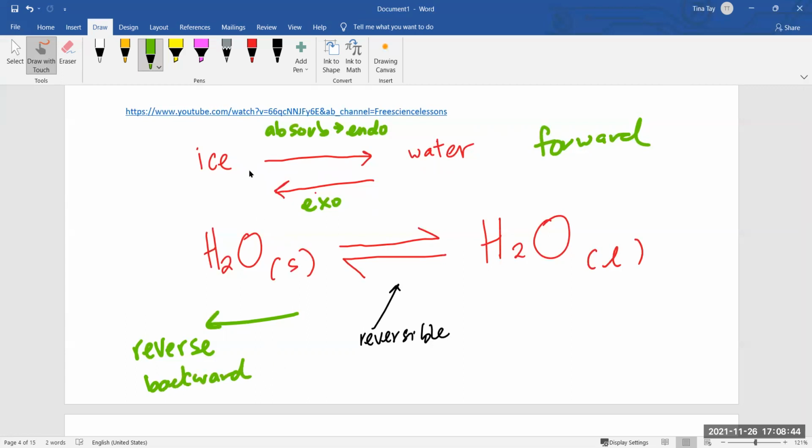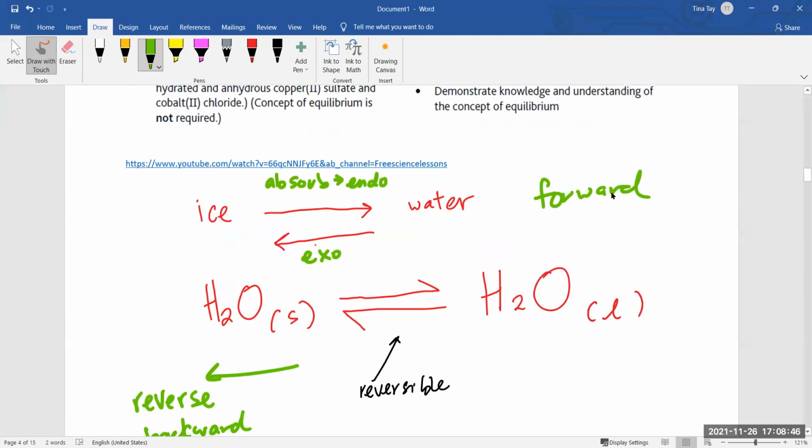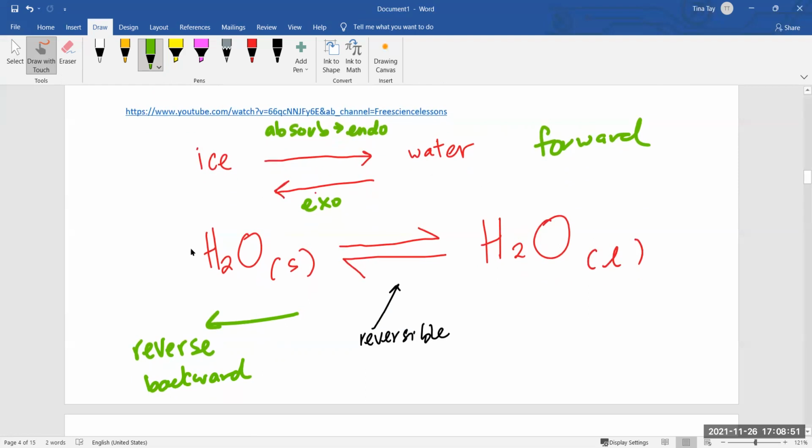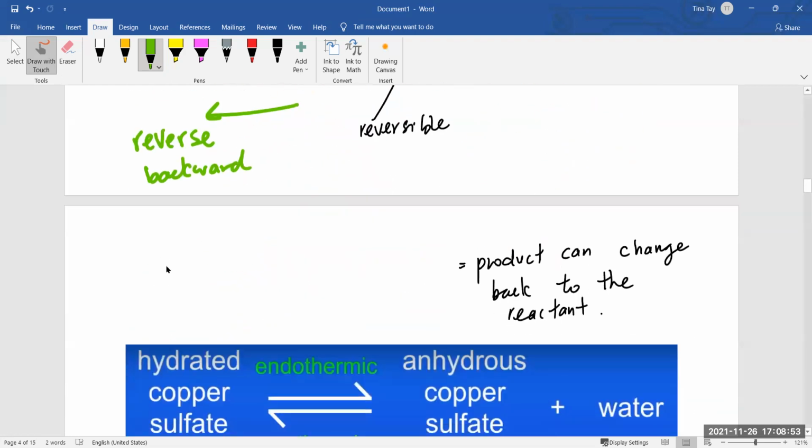So from ice to water, the forward reaction, is endothermic. Then the reverse reaction is exothermic. Let's look at something else.